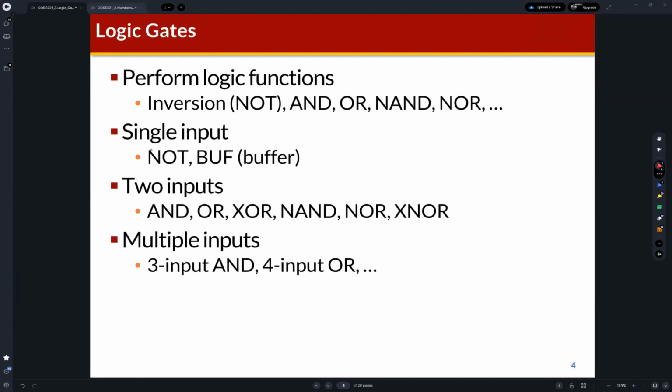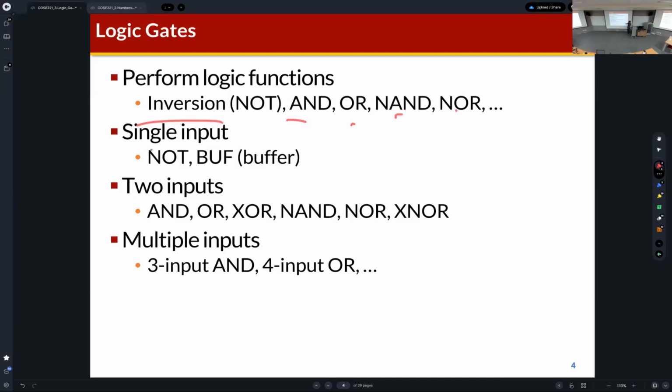So in this class, we learn about several logic gates. A logic gate performs logic functions. What is a logic function? We learn about inversion, AND, OR, and NOR. These are called logic functions.